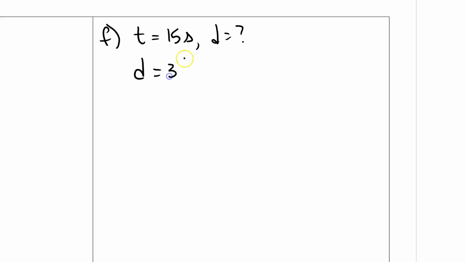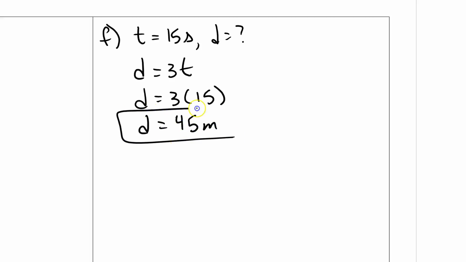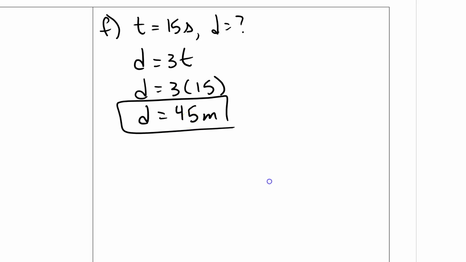D equals 3T, but I know that T is 15. So I'm going to say D equals 3 times 15. So the distance is 45 meters. Done. We plugged in an independent variable and the dependent variable came out as 45.